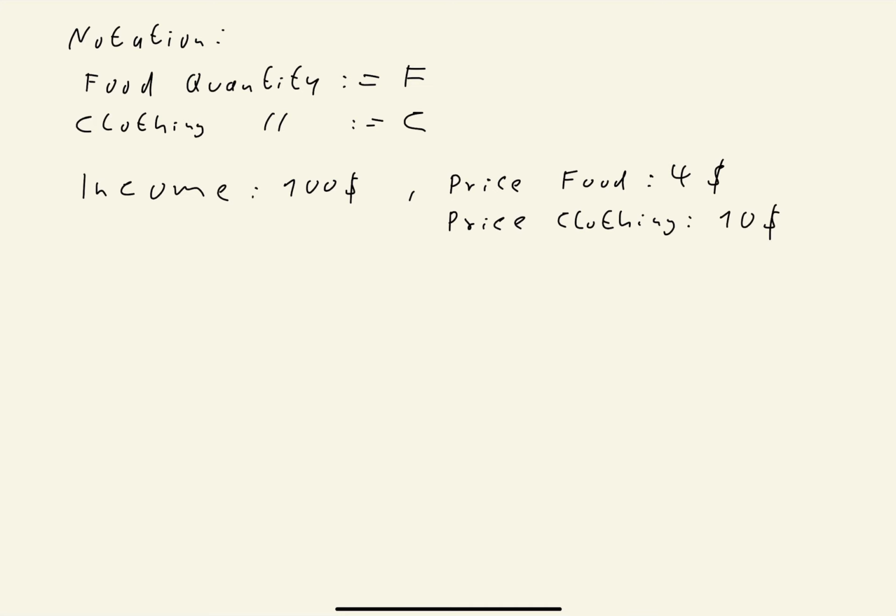Okay, so let's draw the coordinate system first. I will put clothing on the x-axis and food on the y-axis. For clothing, I will start with 2, then 4, 6, 8, and 10.